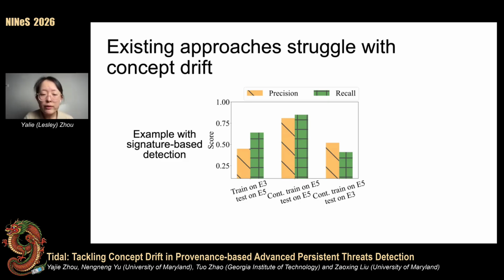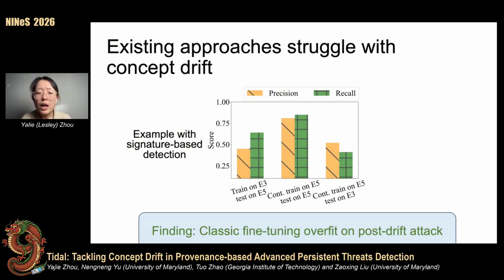However, if you continuously train or fine-tune this model on the E5 dataset and then test it on E5, the performance increases, as shown in the middle bars. Then in the right side bars, after you fine-tune your model on E5, if you go back and test it on your E3 dataset, the performance drops significantly. This means the classical fine-tuning approach is actually overfitting on the newest attack, so it is not generalizable.